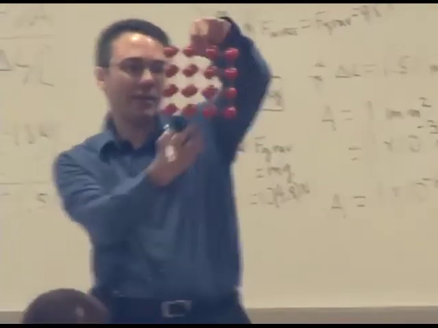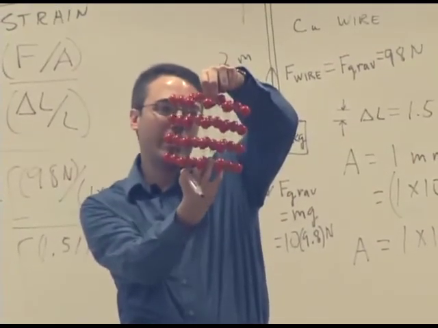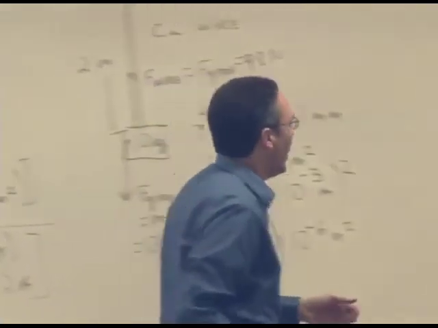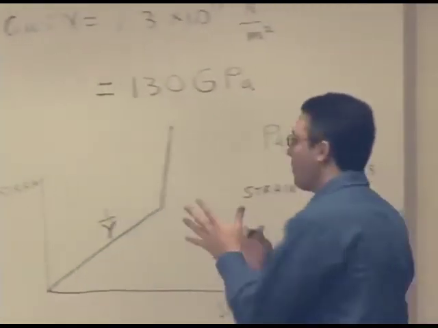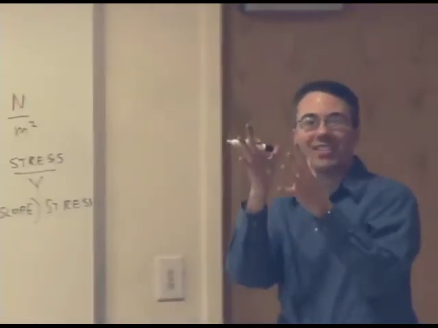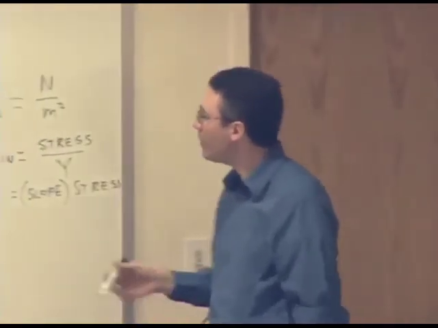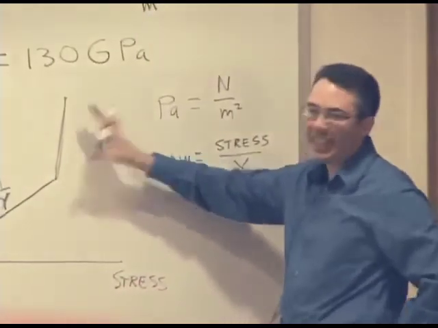We're modeling this as, again, a ball and spring model. So I'm just hanging all these weights, and I keep stretching all the interatomic bonds more and more, until you reach a point where the atoms start to slide over one another. So you have layers of atoms moving rather than just stretching as you pile more and more weight on. And they say the thing actually yields.